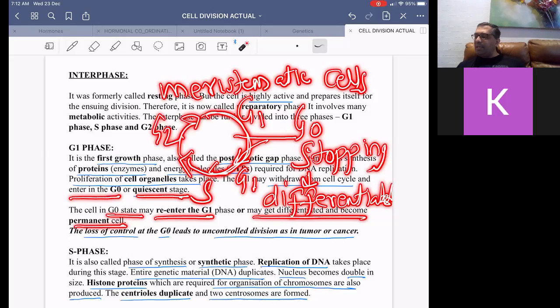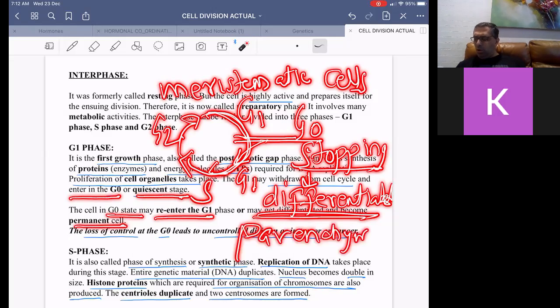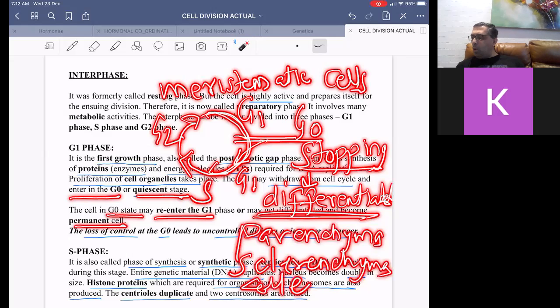But a meristematic cell may go into the G1 phase, go into G0 phase, and stop cell division and may get differentiated to become parenchyma or sclerenchyma or collenchyma, and cell loses its power of cell division. तो parenchyma, collenchyma, sclerenchyma बन जाता है and loses its power of cell division.